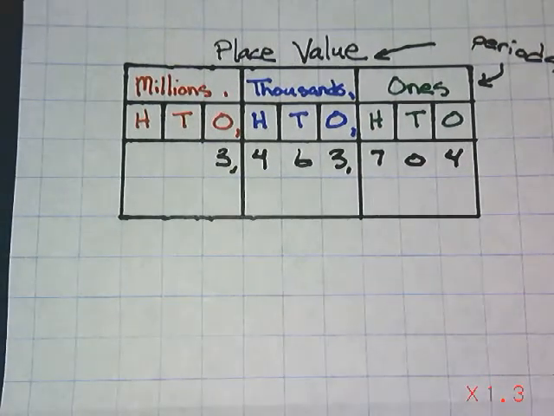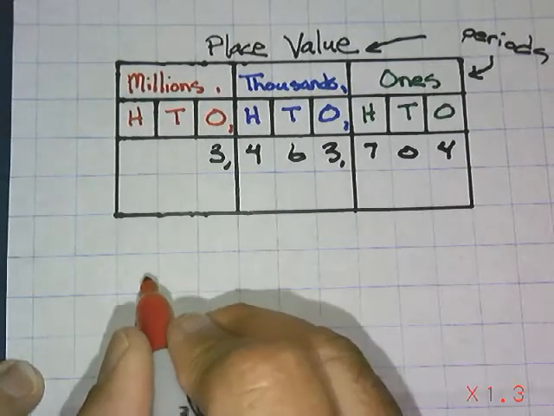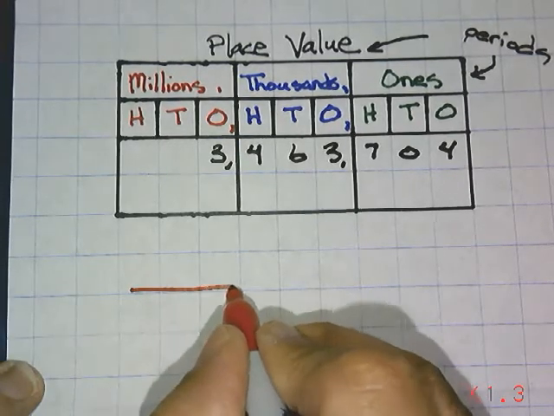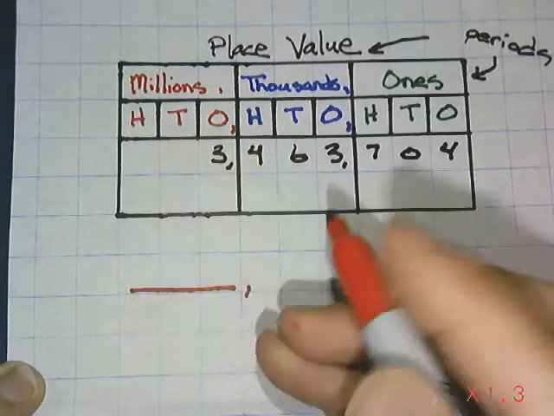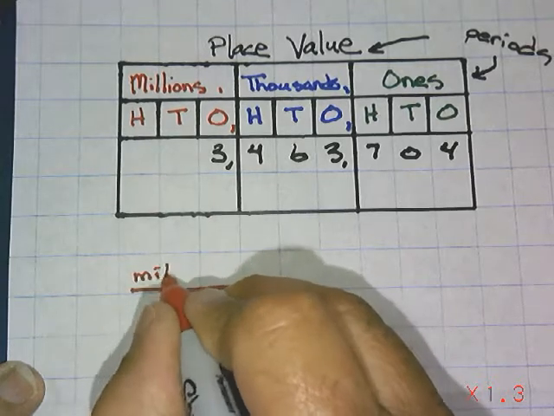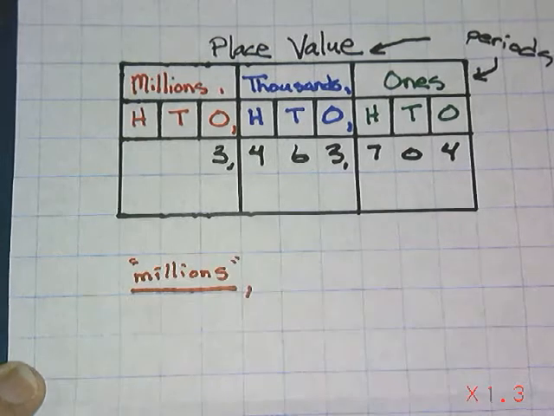So what you want to remember, I think I'm going to switch to my color markers here, is that the main idea when you are putting numbers in word form is that any numbers in the millions period, you must use or say millions.